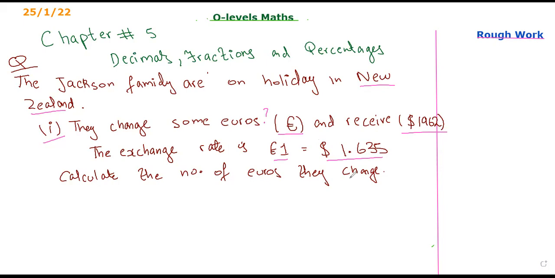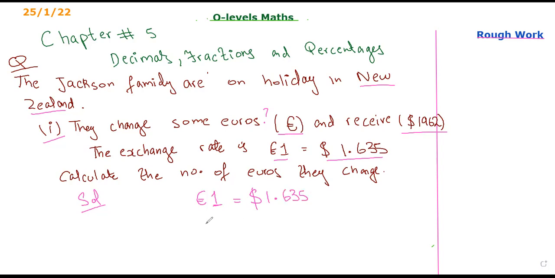Okay, so this question would be solved using ratio and proportion. So what is the exchange rate? For €1, they get 1.635, right?